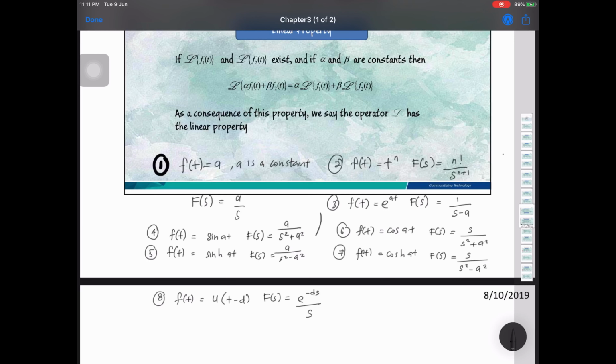Number 9, if you have f(t) equal to the delta function delta(t minus d), you will have your F(s) equal to e to the power of negative ds.